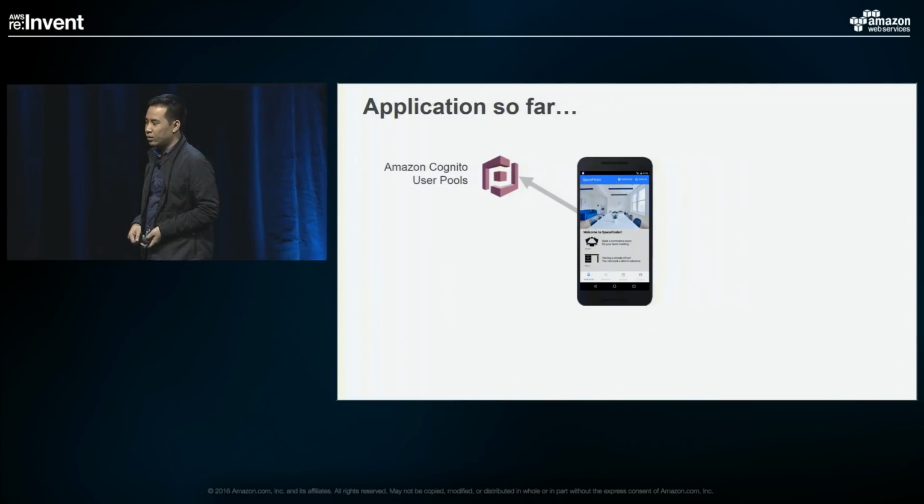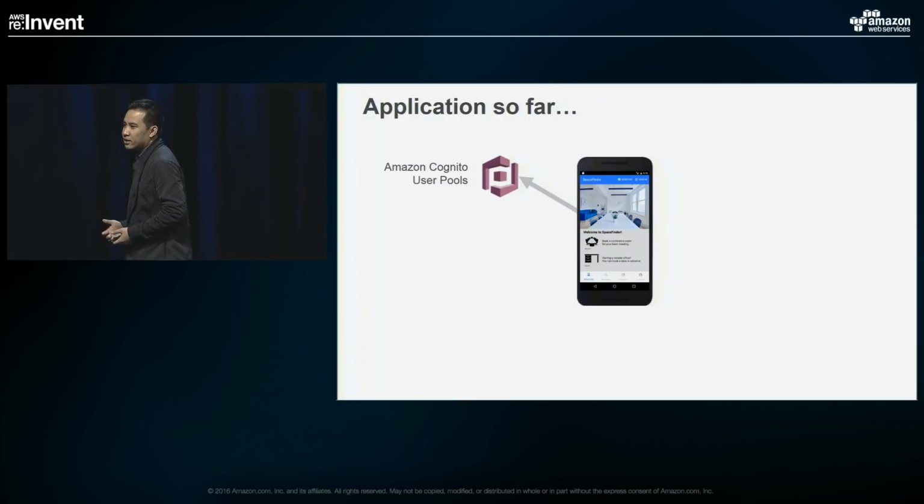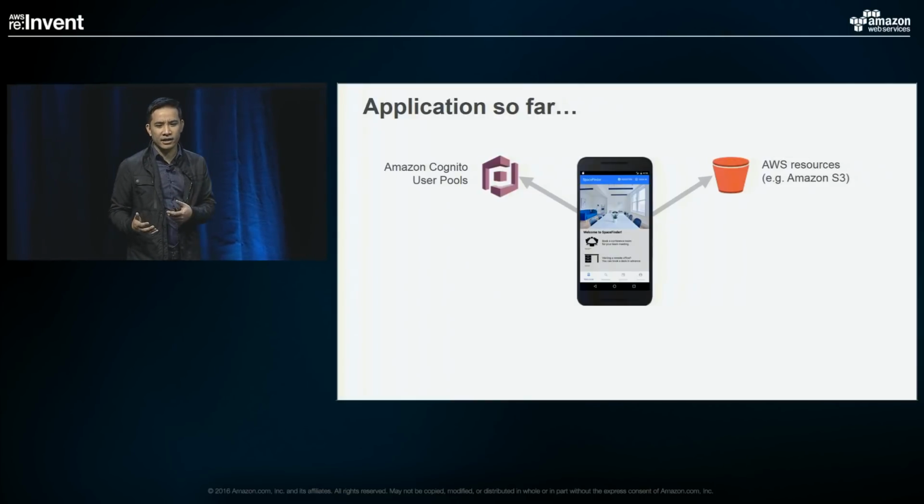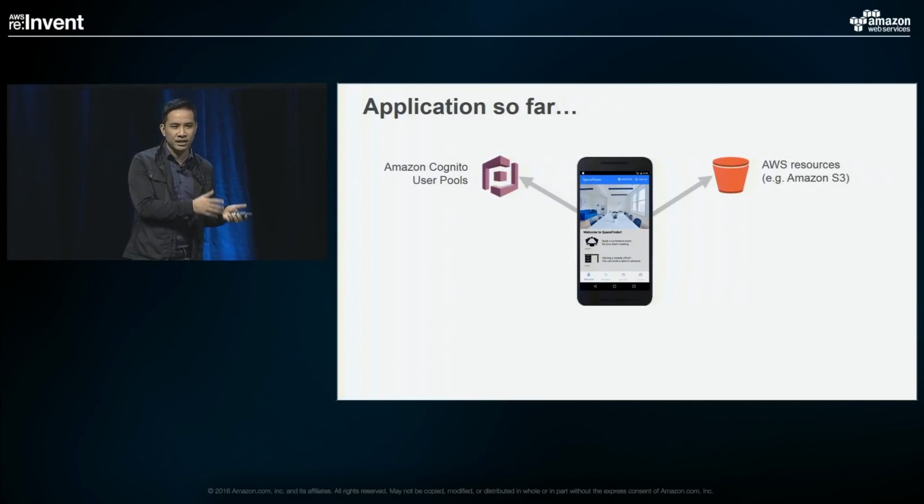Okay? So we'll use Cognito to get those JWT tokens. For our application, we actually want to interact with AWS services. So for example, we allow the user to upload a profile image into S3. So how do we translate these JWT tokens into something that allows us to access AWS resources?